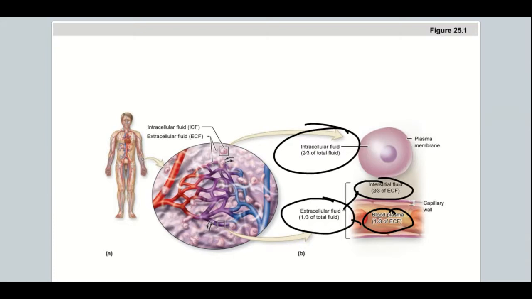If you drink water, and we talked about this last time, the water is going to go into your digestive system. From your digestive system, the water is going to be absorbed into your blood. When you absorb water into your blood, this lowers the concentration of your blood and makes it a little more diluted.